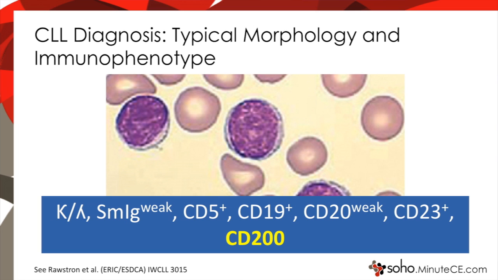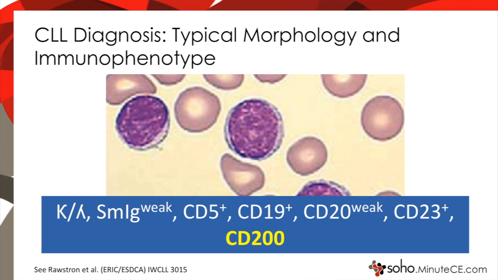The diagnosis of CLL relies on a careful examination of peripheral blood smears, showing the characteristic morphology of CLL lymphocytes and also the immunophenotype, the technique of capillary exclusion to demonstrate that the proliferation is monoclonal, low expression of immunoglobulins on the surface of the cell, CD5 positivity, CD19 positivity, weak expression of CD20 and CD23 positivity.